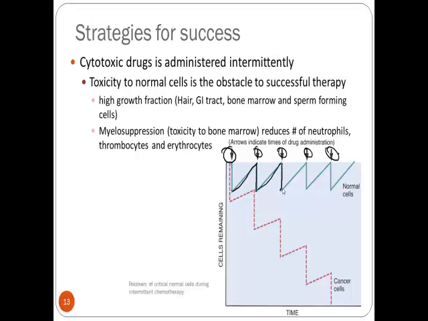Give the next dose, chance to recover. Give the fourth dose, then they have a chance to recover. And then the rationale again for the cancer cells is that they won't grow as rapidly as the normal cells, and so they would decrease at a much, much greater rate than the normal cells. All right, so that's the theory behind giving cytotoxic drugs at intervals.